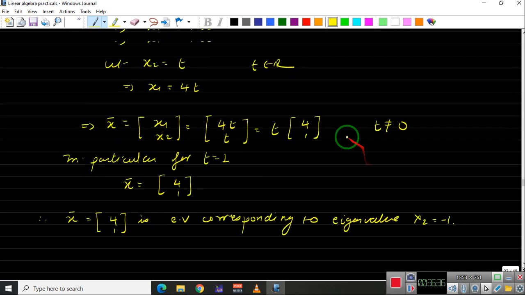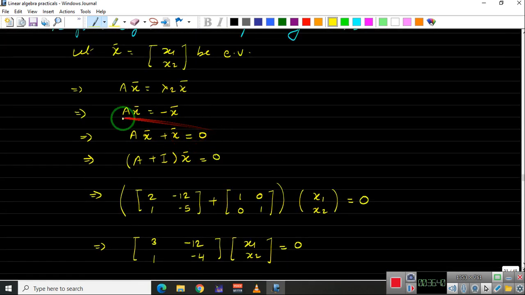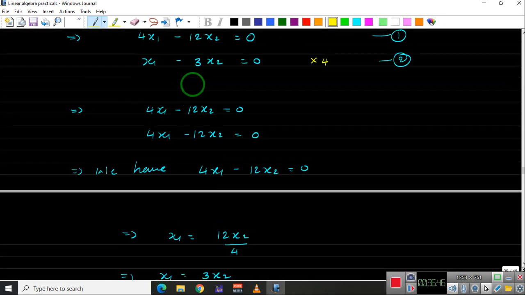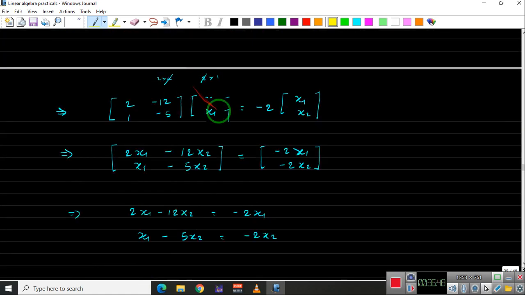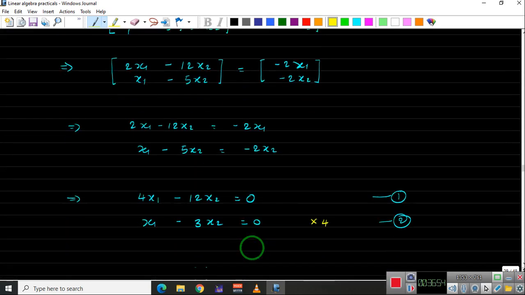Now actually both the processes are the same. In the first process we took the matrix equation, put the values and then simplified. Here, first we put A x bar = lambda x bar, simplified, and then got two equations. Ultimately both procedures are the same.